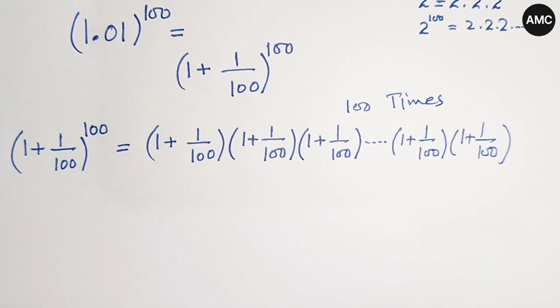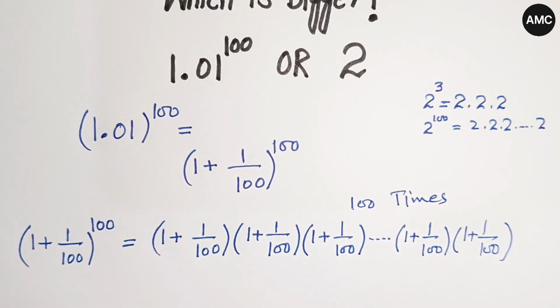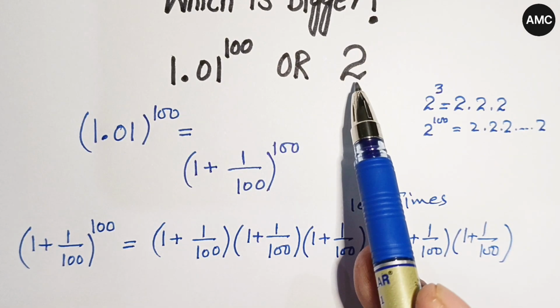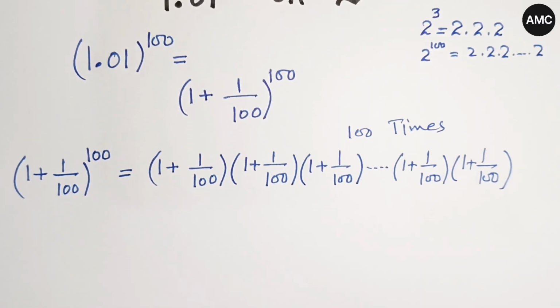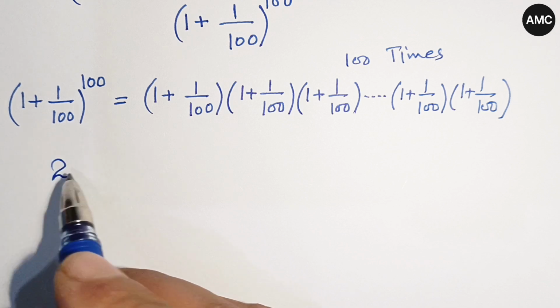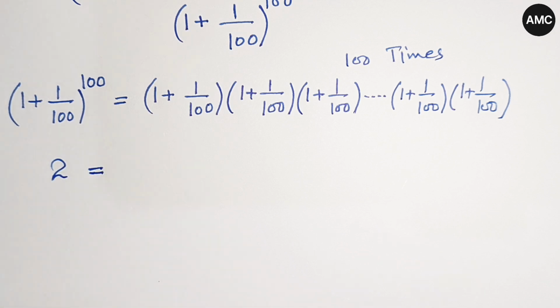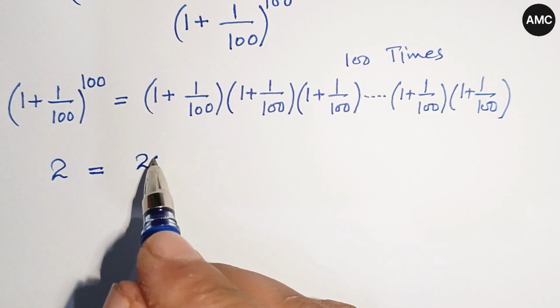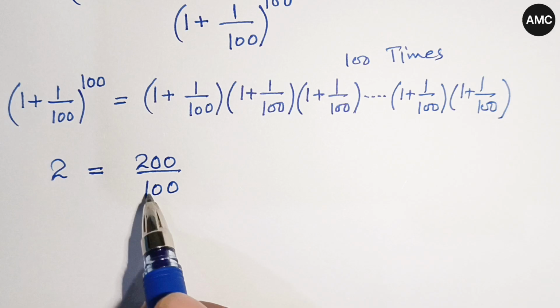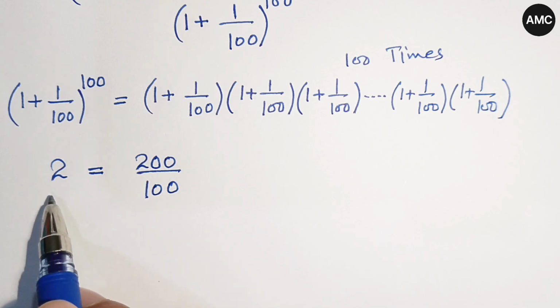Now on the right hand side, which is the second number, we have 2. This 2 can also be written in another way. If we write 200 divided by 100, by cancelling the zeros we get 2.